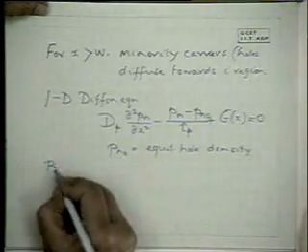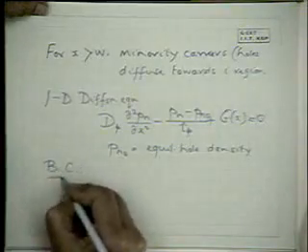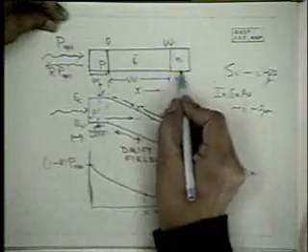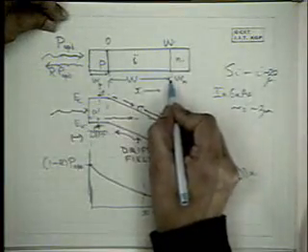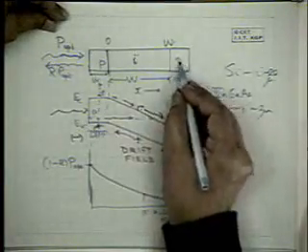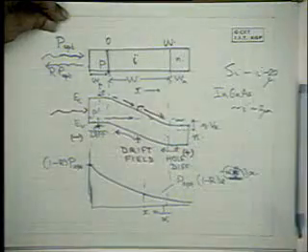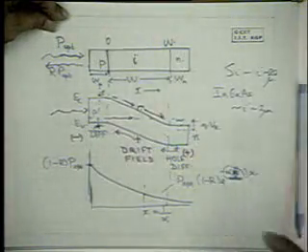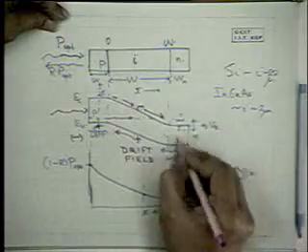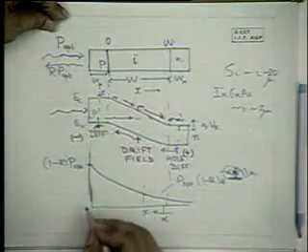What is the boundary condition? Here we are talking about holes in this region diffusing towards the junction.